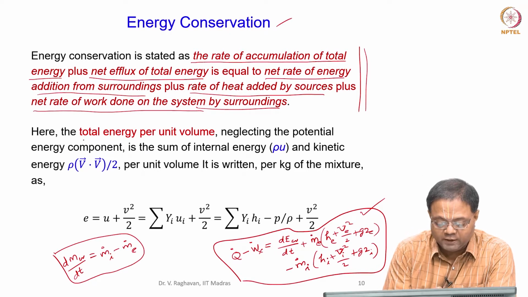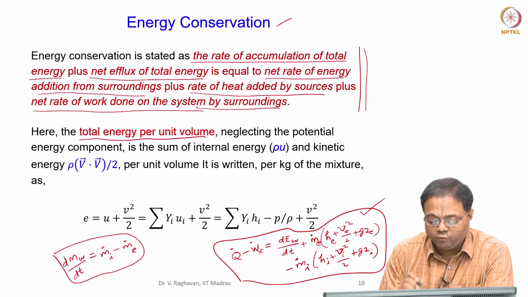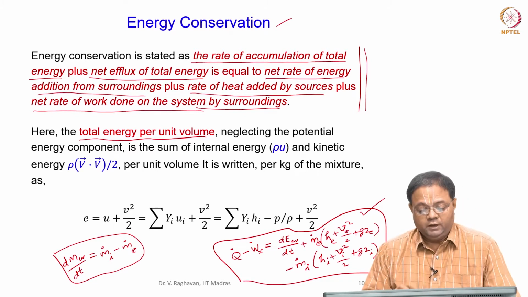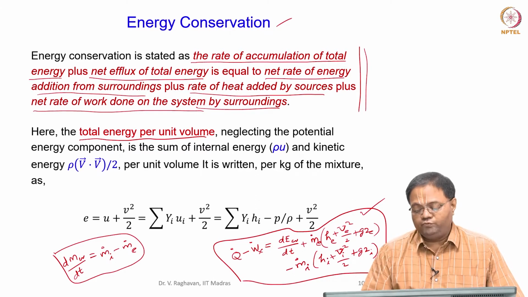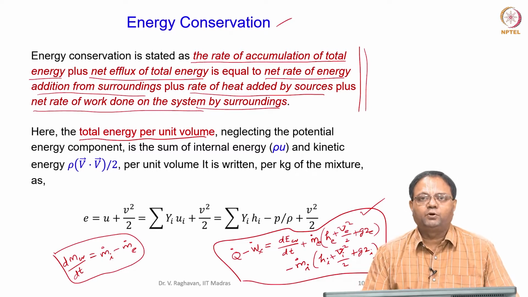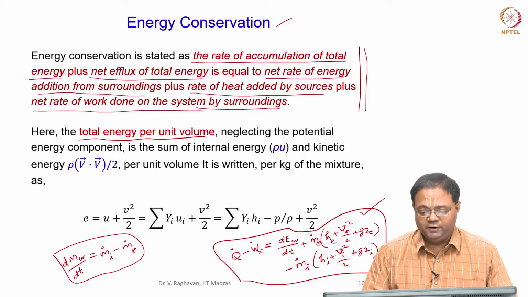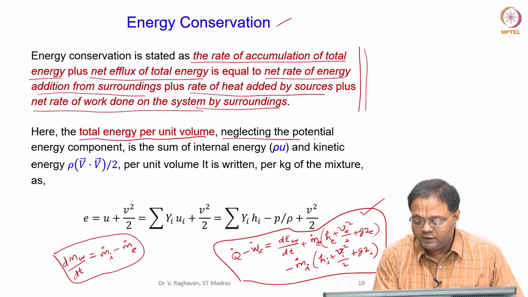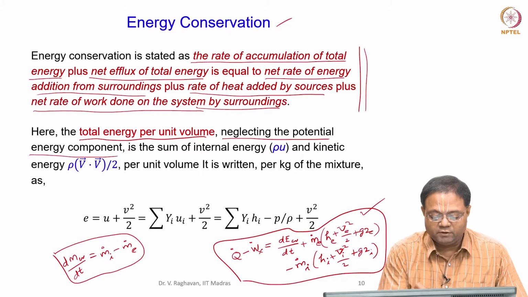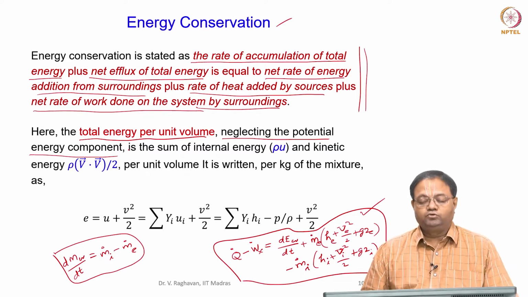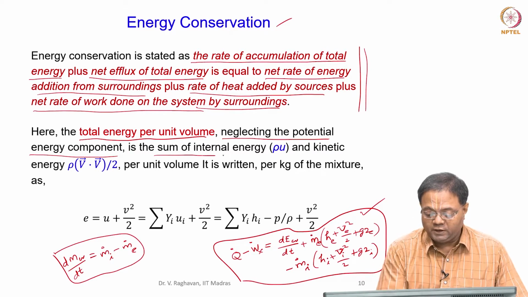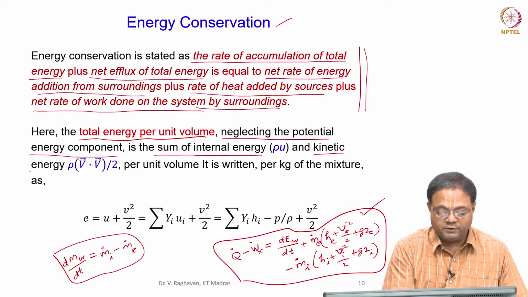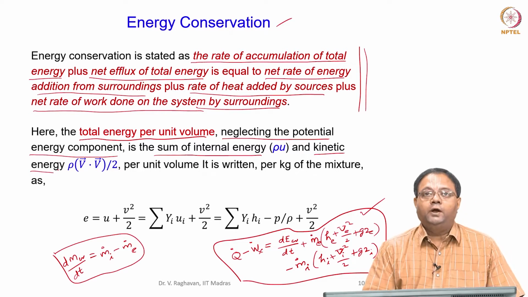The total energy per unit volume. For practical situations, the potential energies can be neglected easily, so let us not take the potential energy component into account. So, what will be the total energy? That will be the sum of internal energy and the kinetic energy per unit volume.